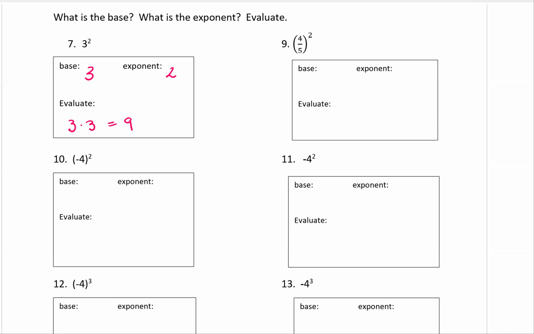Number 9, don't ask me where number 8 went. The base is 4/5. The exponent is 2. So that tells us that we're multiplying 4/5 times 4/5, which is equal to 16 over 25.